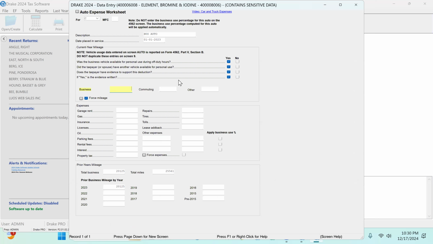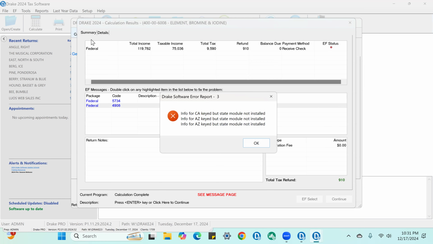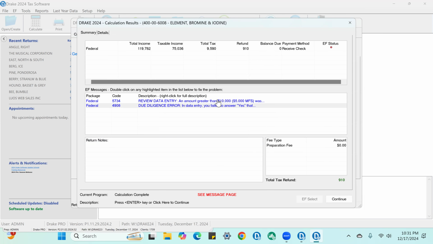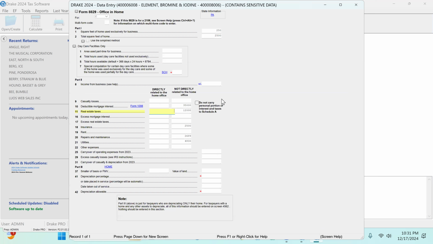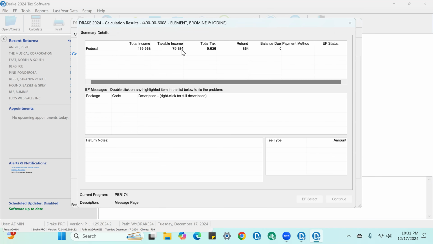Oh, we haven't put in the property tax, it cannot be more than 10,000 because the law changed in 2018. The software is very smart. If you make a mistake, it tells you.